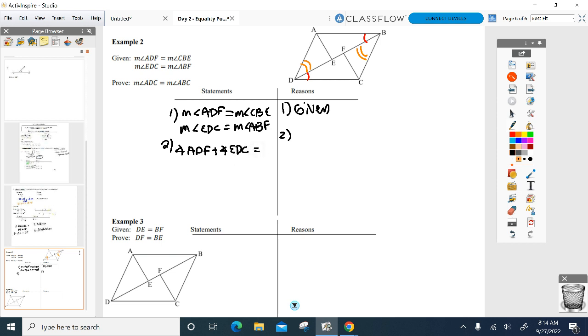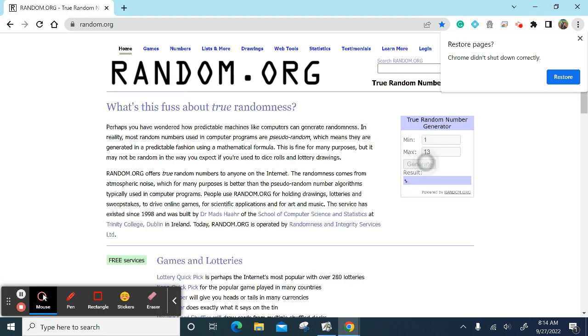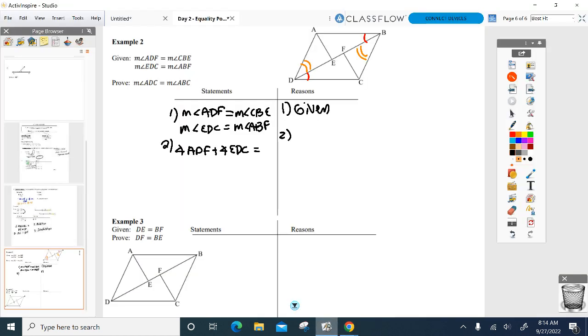That is the same exact thing as adding what other pair of angles? We already got ADF and EDC. Yep, CBE and ABF. Okay, CBE plus ABF.